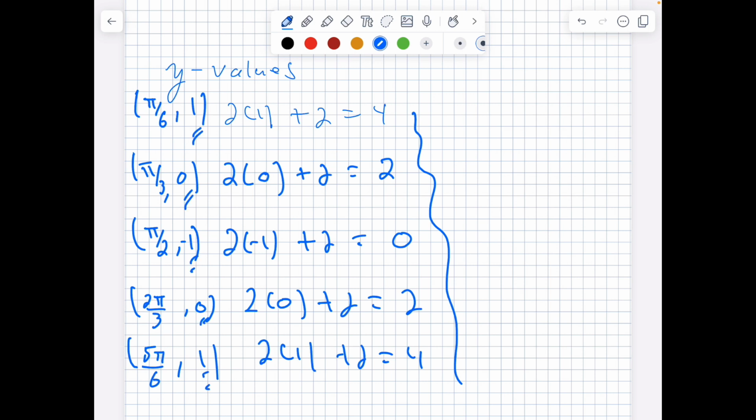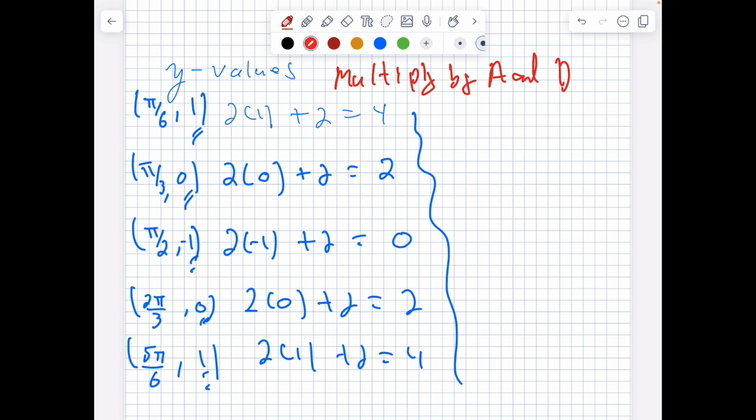Take every one of your y values and multiply them by a, basically the number that's in front of the function. So multiply by a and add d here, okay? So you're adding that vertical shift. So 2 times 1 plus 2 is 4, 2 times 0 plus 2 is 2, and etc. for the rest of these.